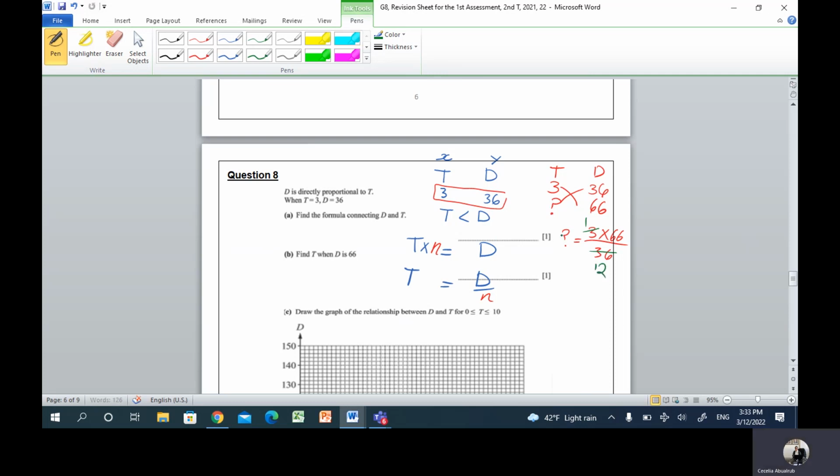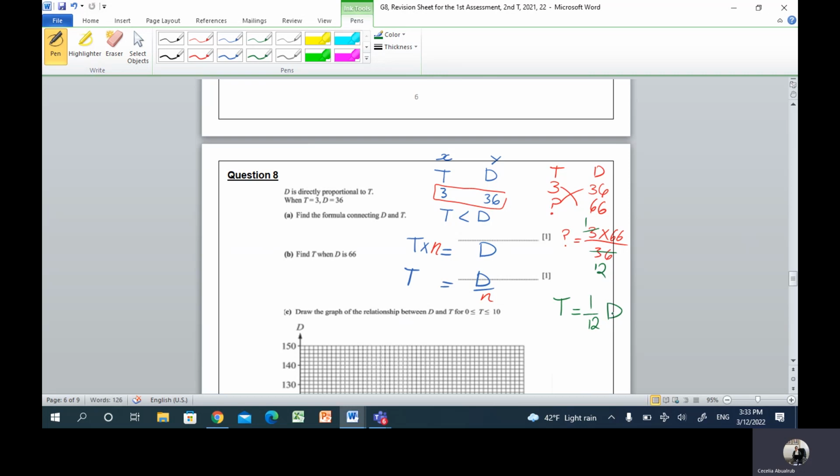So basically, in order to find that new T, you're going to multiply D by 1 over 12. So T is equal to 1 over 12 times D, which is the same as T is equal to D over 12.